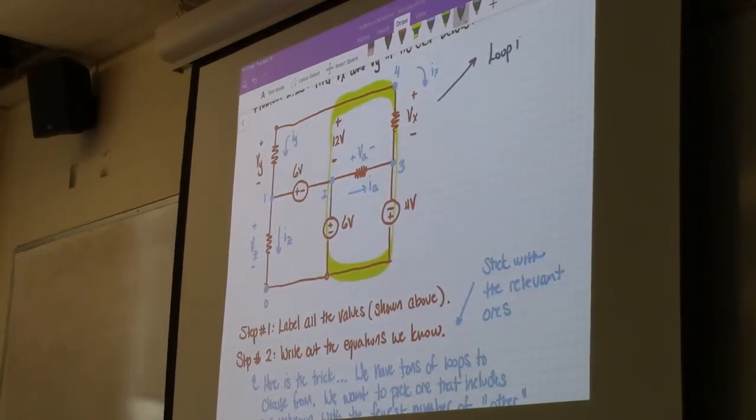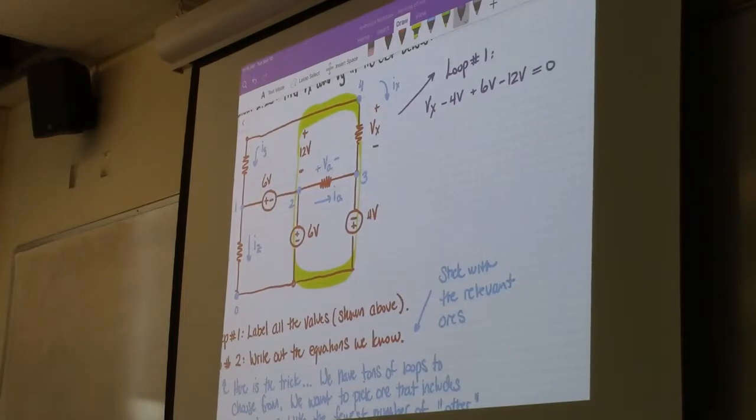So let's write out loop number 1's KVL. And so that is going to be Vx minus 4 volts plus 6 volts minus 12 volts equals 0. Let me check those polarities.